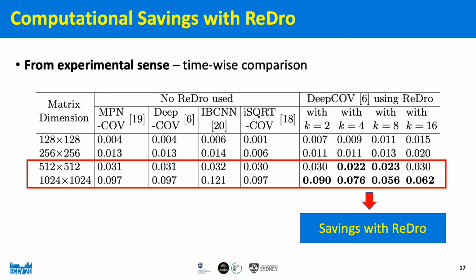From the figure along the matrix dimension, when the matrix size increases to 512 by 512, the advantage of ReDro emerges and becomes more pronounced for 1024 by 1024. In these cases, ReDro is computationally more efficient by 20% to 50% than the non-ReDro counterparts. When the size is relatively smaller, say 256 by 256, ReDro is unnecessary.